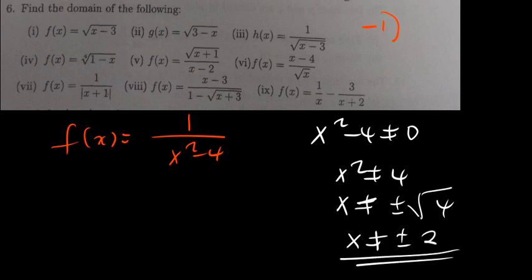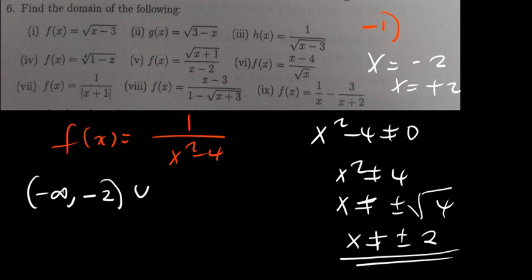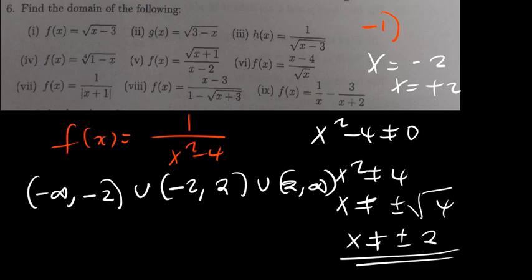Meaning that the domain will be from negative infinity to negative 2, negative 2 not part of it. What I mean there is, I've got x equal to negative 2 and x equal to positive 2. So union, again starting from negative 2 all the way to 2, but these are not included. Union, again starting from 2 all the way to positive infinity. So 2 and negative 2 are not part of it.